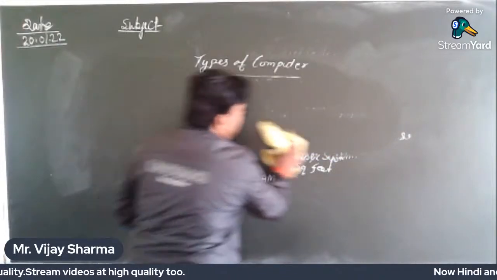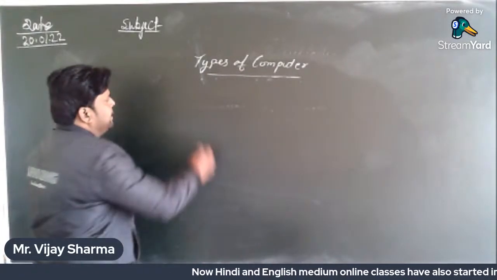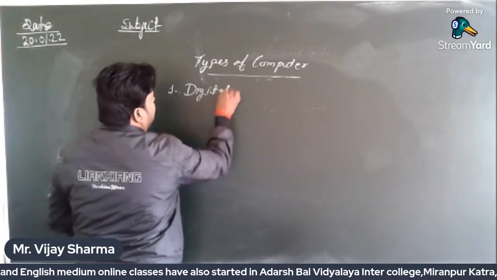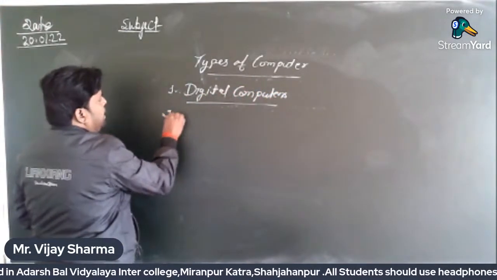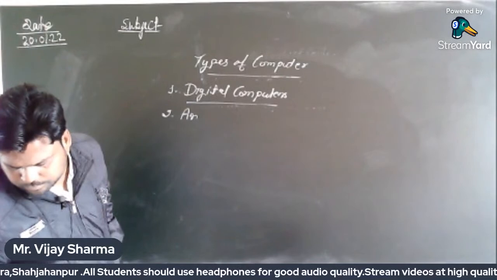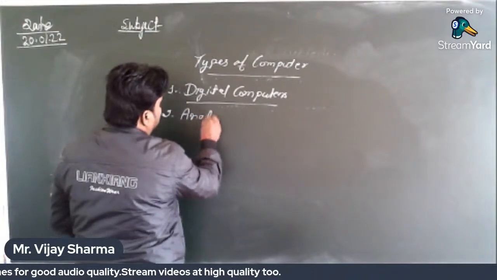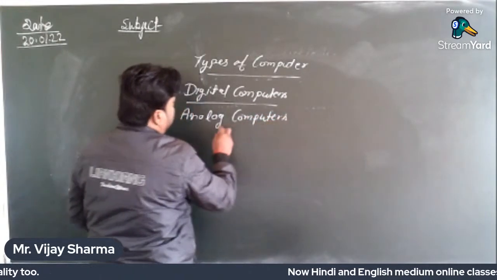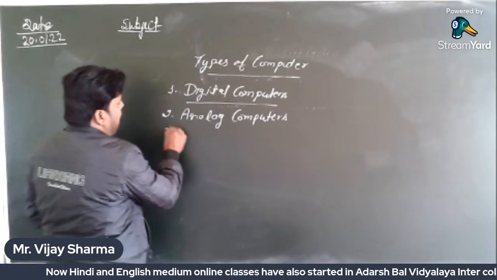The first is digital computers. Second one is analog computers. And last, third, is hybrid computers.